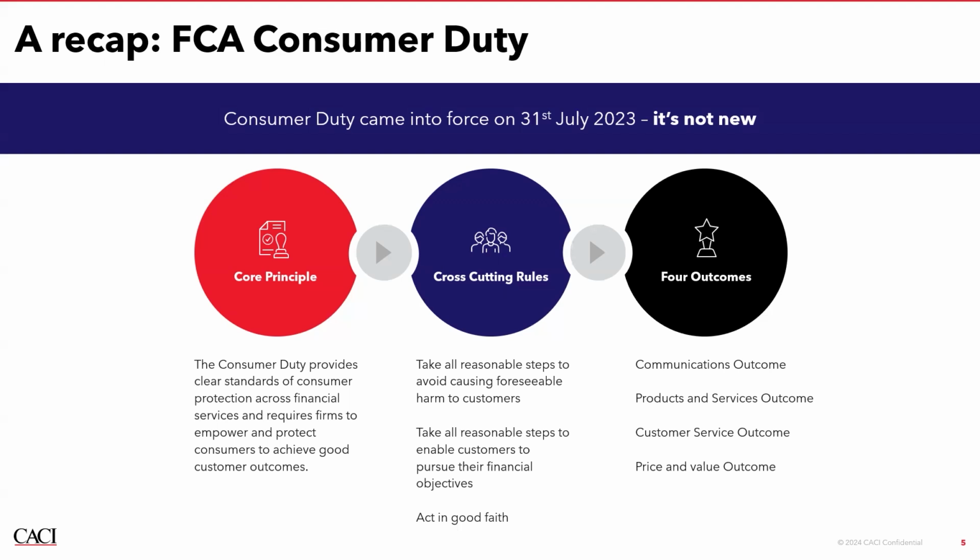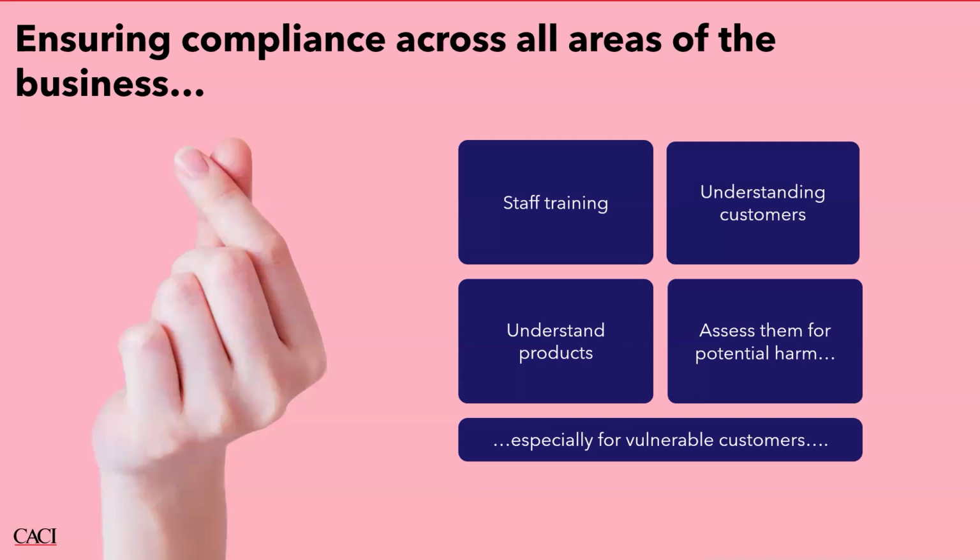And this applies whether or not it's journeys that are online, over the phone, or in person. So ultimately, that can only help to drive growth. Ensuring compliance across all areas of the business to deliver good outcomes. In order to do that, you need to ensure that your staff and the teams across the organization are able to come together and that they're well equipped to handle customer needs and wants.